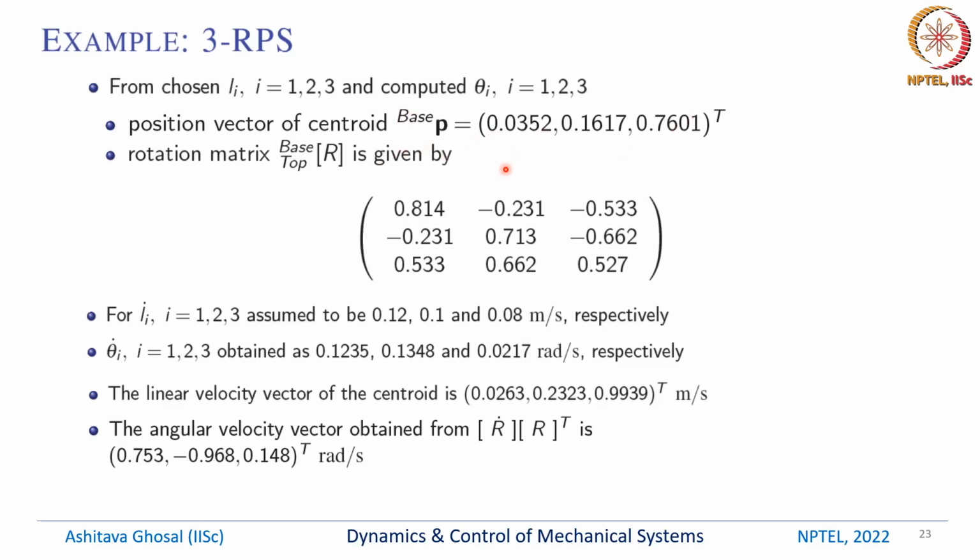The numerical values are 0.0352, 0.1617, 0.7601 in meters.